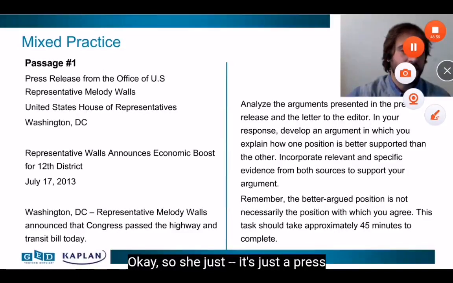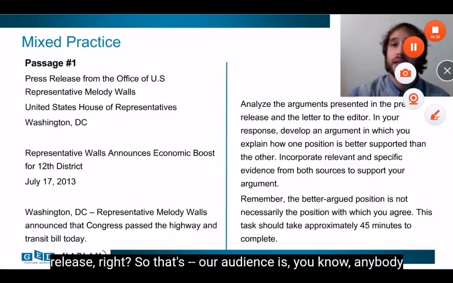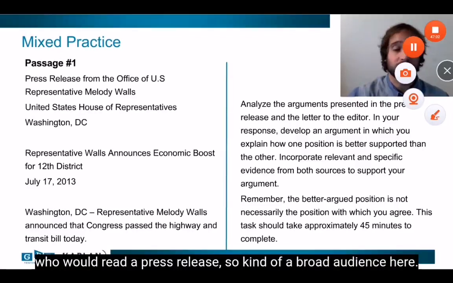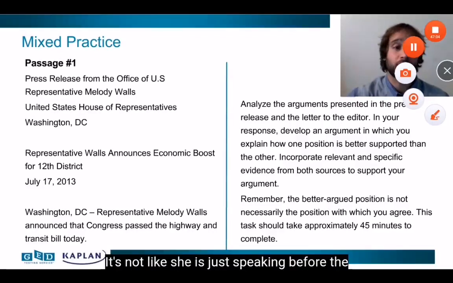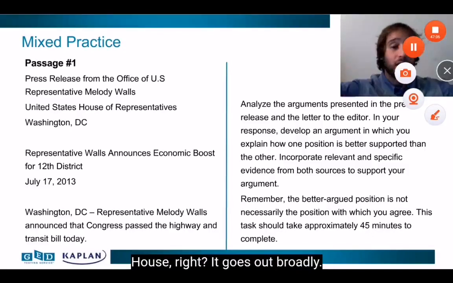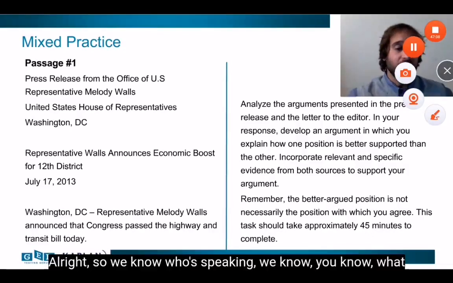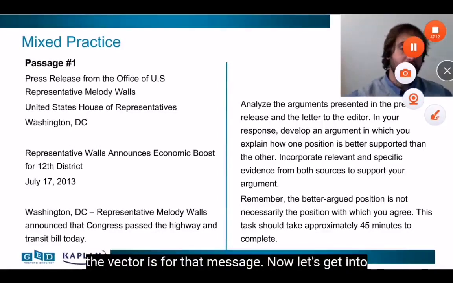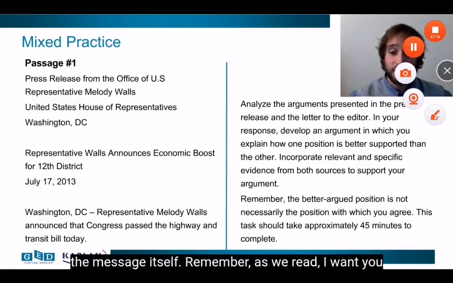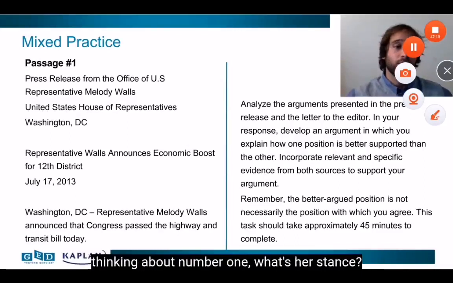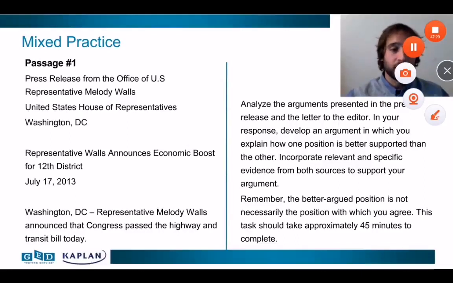So it's just a press release, so our audience is anybody who would read a press release. A broad audience here. It's not like she's just speaking before the House. It goes out broadly. All right, so we know who's speaking. We know what the vector is for that message. Now let's get into the message itself. Remember, as we read, I want you thinking about, number 1, what's her stance?